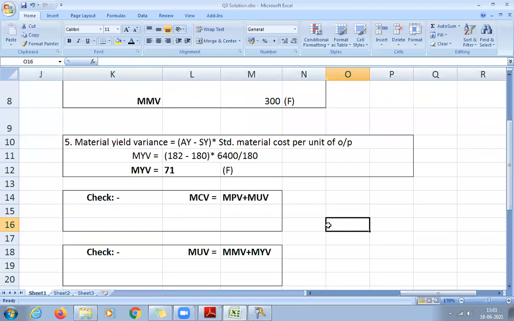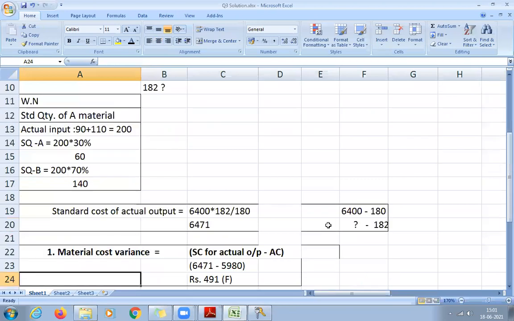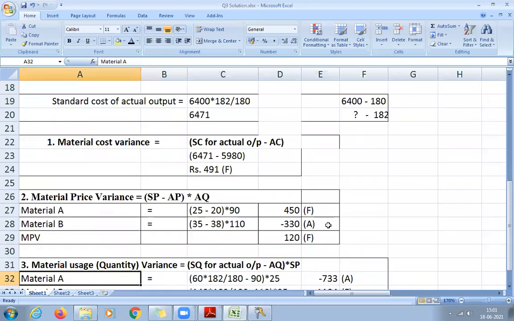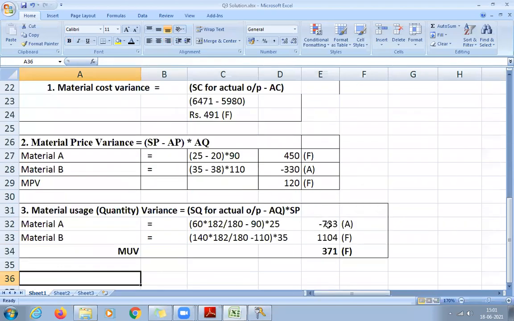So material cost variance, how much did we get? 491. And material price variance? 120. And usage? 371 favorable. So 491 F should be equal to 120 plus 371.